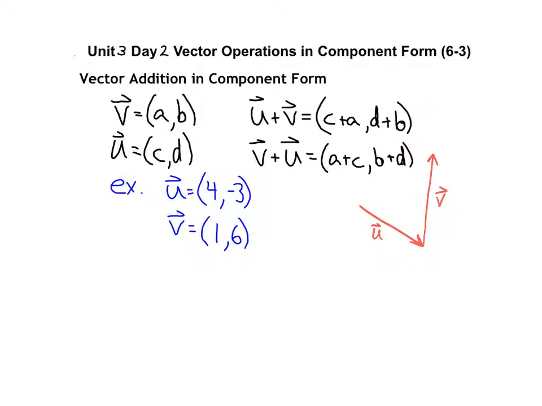Okay, but now we can actually see it algebraically. So if I were doing a u plus v here, my vector would be 4 plus 1, negative 3 plus 6. Okay, so 5, 3. That would be it.